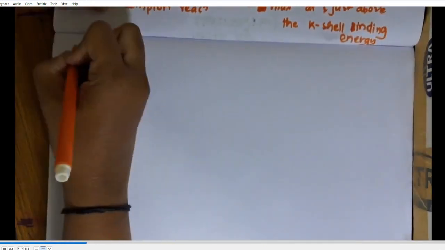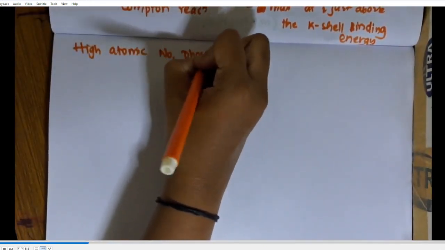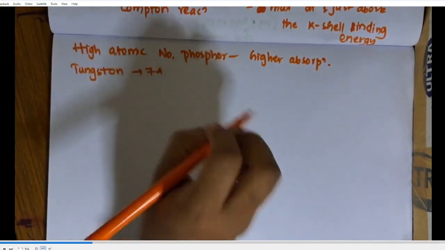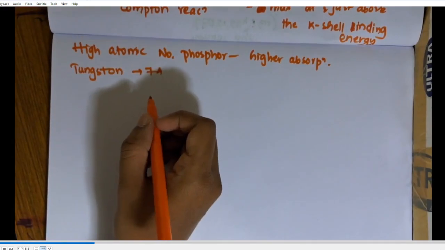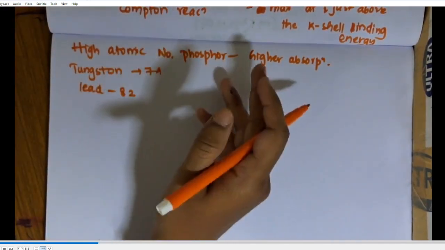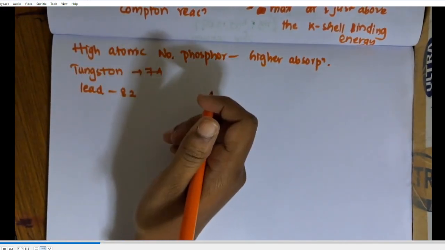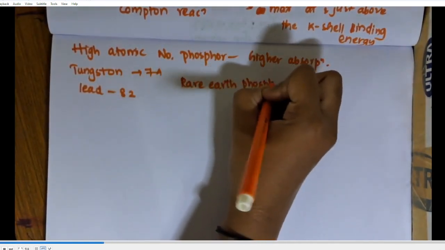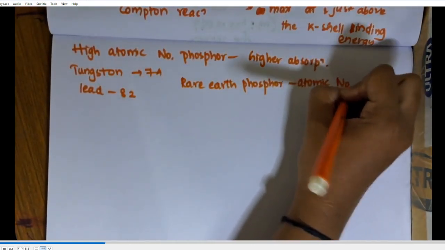A phosphor with a higher atomic number would have a higher absorption. The atomic number of tungsten is 74 and that of lead is 82. Both are almost at the end of the periodic table, and the potential for this type of improvement is limited.